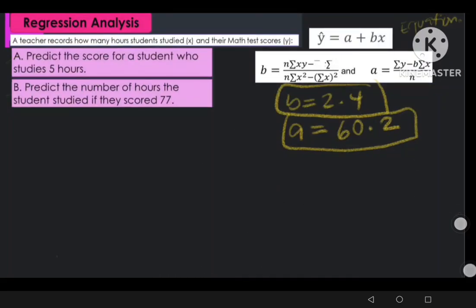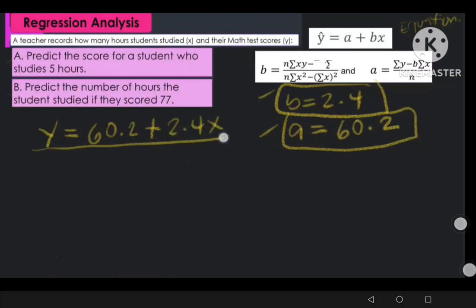So we have here our equation. Remember our equation: y is equal to A, the value of our A is 60.2, plus B, the value of our B is 2.4, and then x. So this is our equation. So let's answer our given problem.